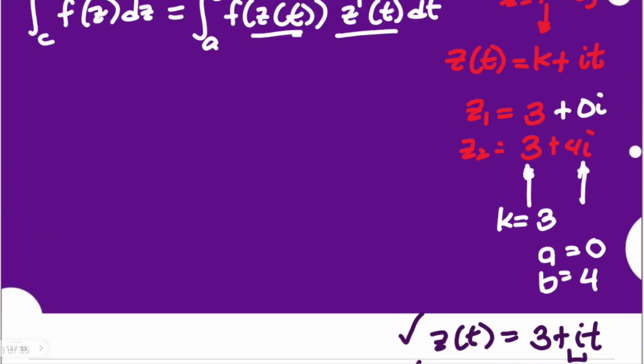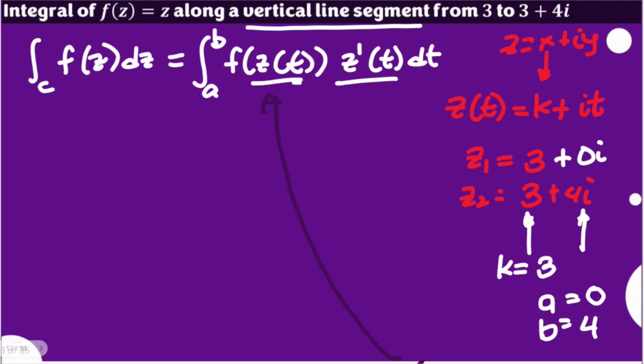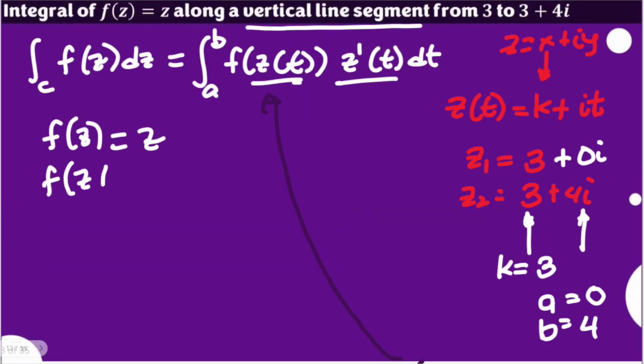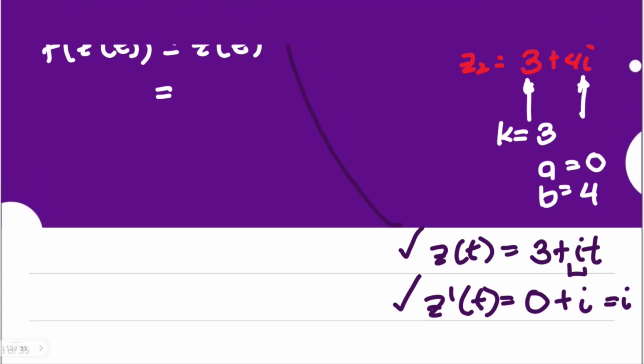Now, sometimes you might be tricked into using that automatically here. Well, for this case, since our function f of z is actually z itself, our f of z of t will also be the z of t itself, already identified as 3 plus it.